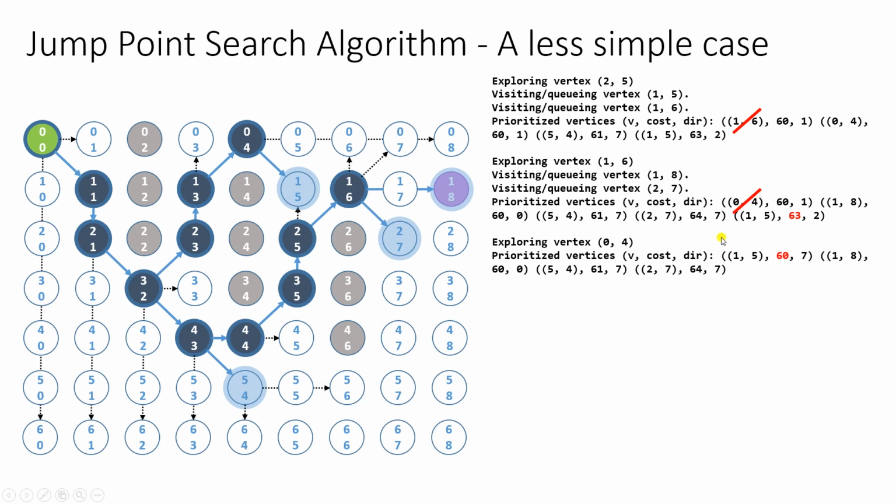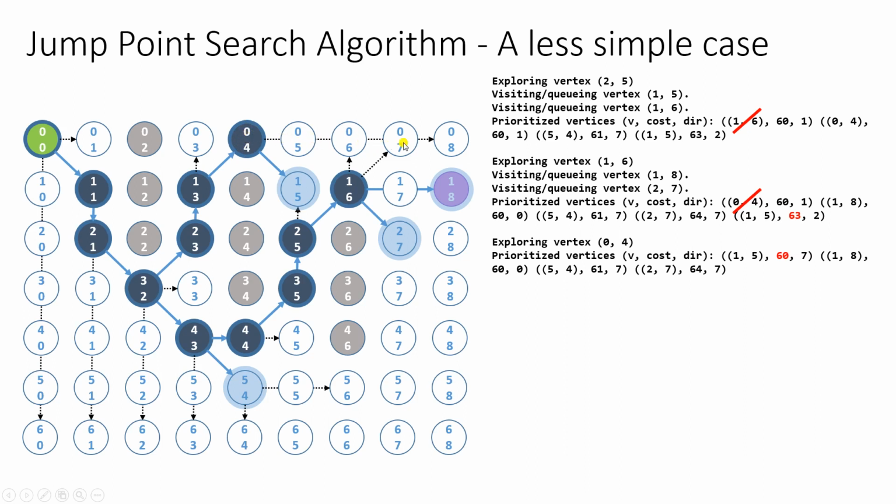Just before we go further, I have to emphasize that by exploring vertex 0, 4, I'm repeating myself, but I'm trying to be clearer about it. Vertex 0, 4 tried to go diagonally up and right, but before that it tried to go right and it couldn't, up and it couldn't.